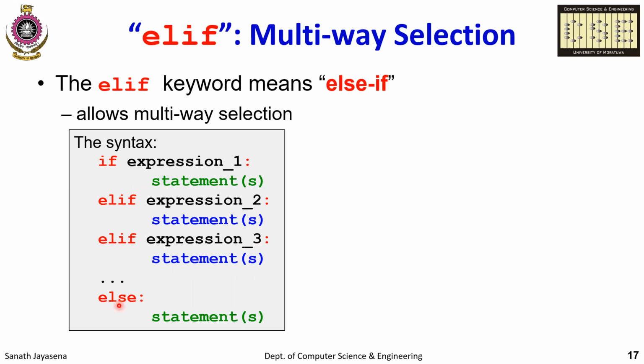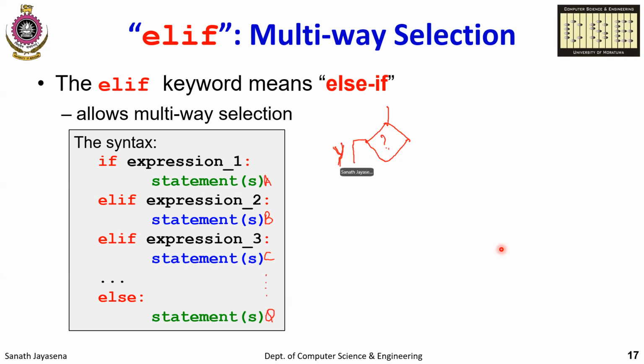Now, is this the only way? Is there a way to do this using just if else only? Yes, you can do that. It's like this. You come to the first question, first expression, and if this is yes, you do this statement, let's say A, and let's say this is B and this is C, and this may be something like Q. There can be other things.